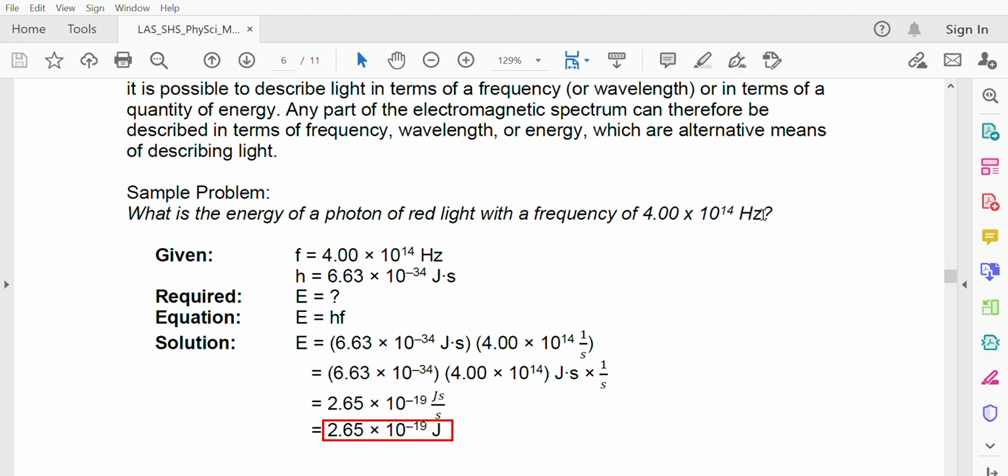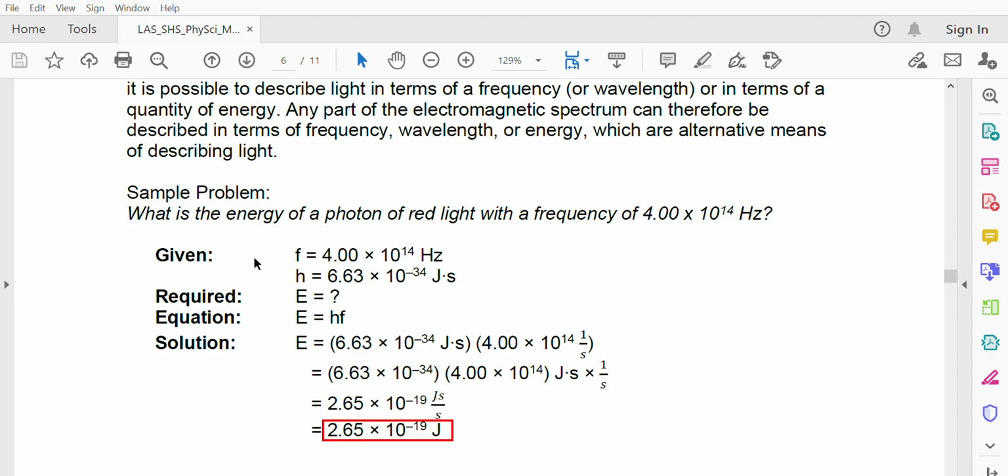Hertz is the unit for frequency, and it is also equal to 1 cycle per second. When we solve problems, we always write the given, the required, the equation or formula, and the solution.